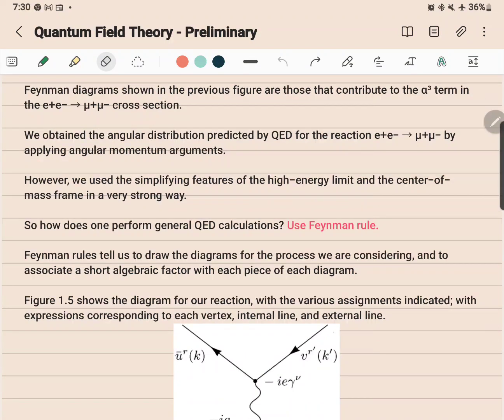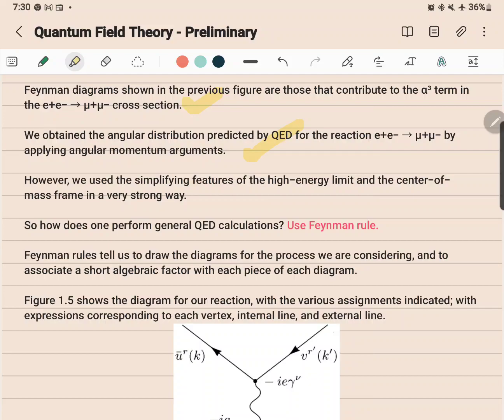So the Feynman diagrams shown in the previous figure are those that contribute to the alpha cubed term in the e+ e- to mu+ mu- cross section. We obtained the angular distribution predicted by QED for the reaction e+ e- by applying angular momentum arguments.